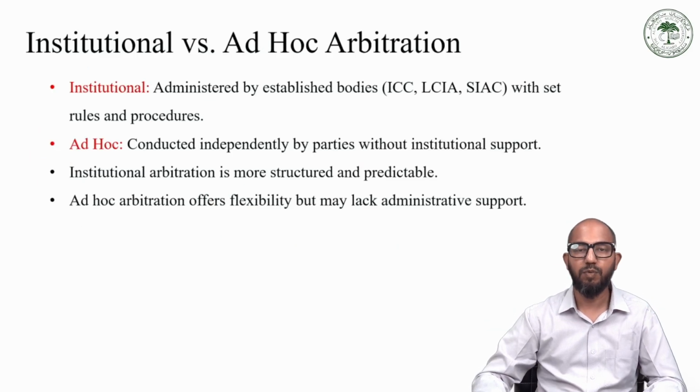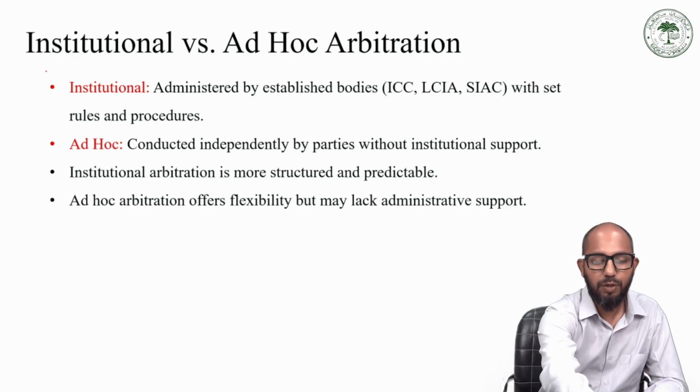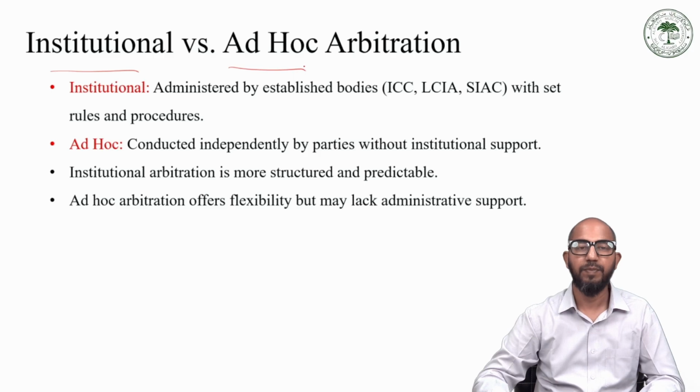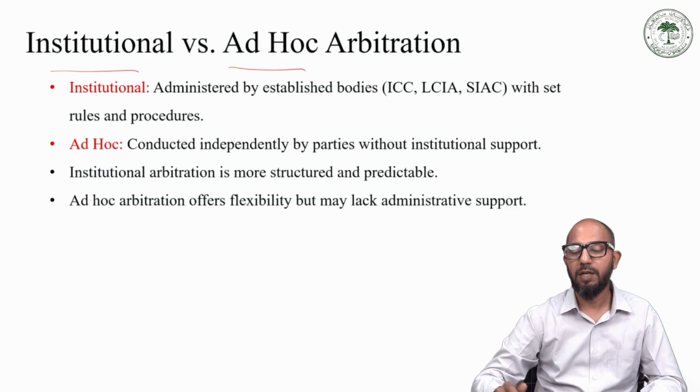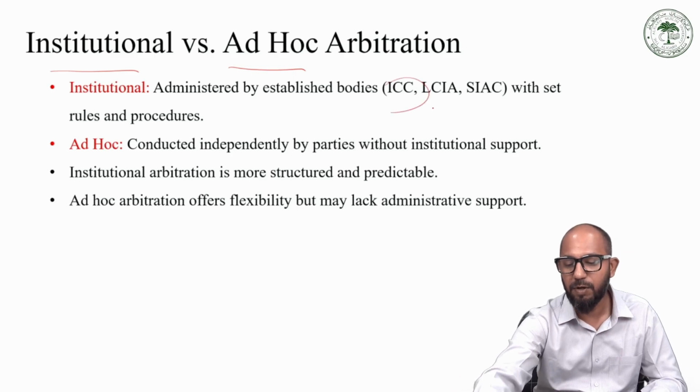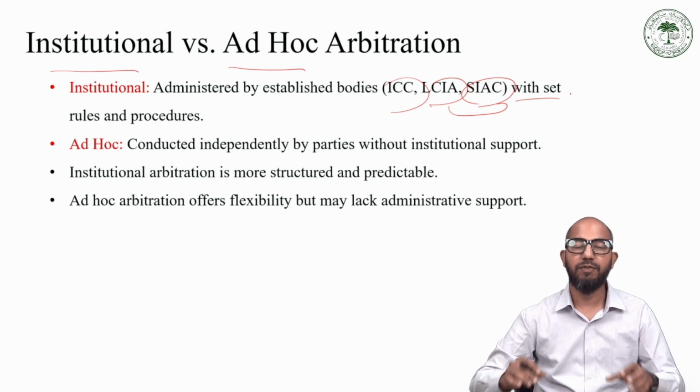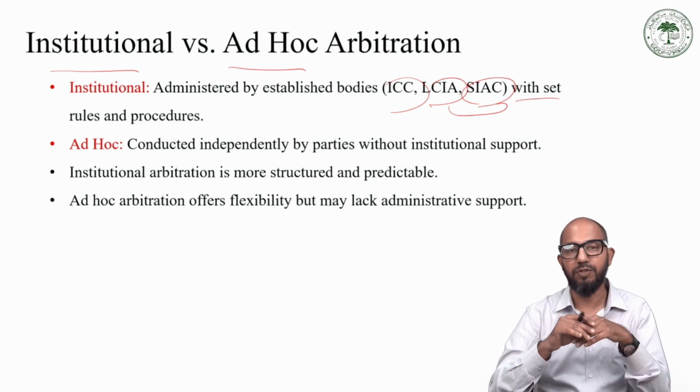Let us now try to understand two different types of arbitration: institutional arbitration and ad hoc arbitration. Institutional arbitrations are administered by established bodies like the International Chamber of Commerce, LCIA, SIAC, which are all commercial tribunals, which have certain set rules and procedures.